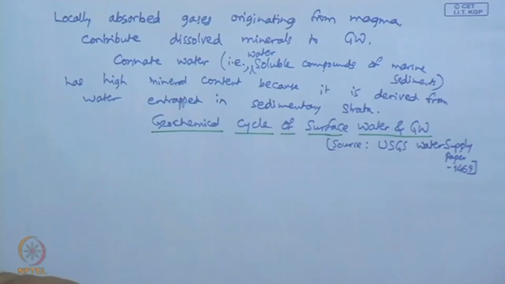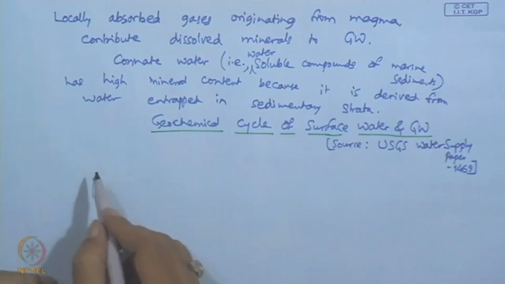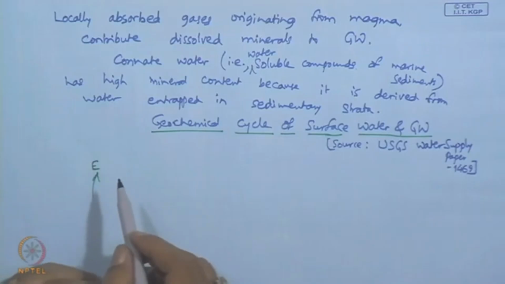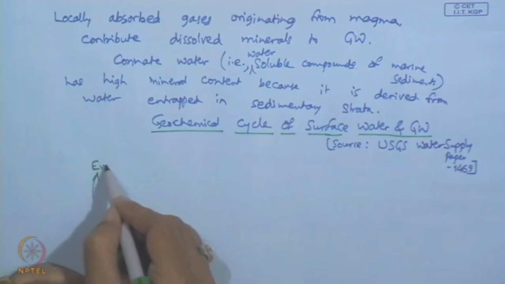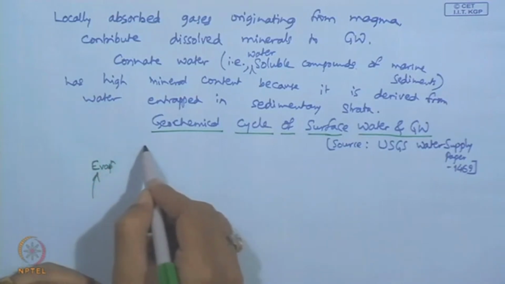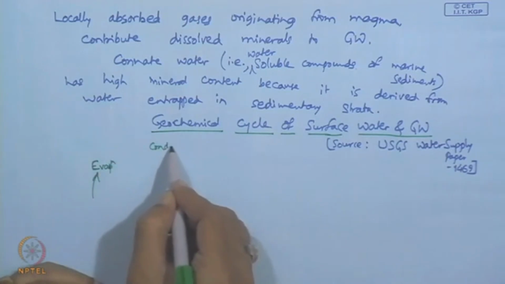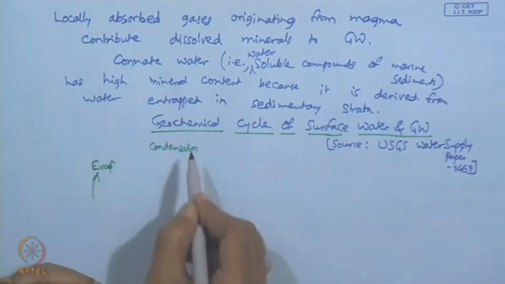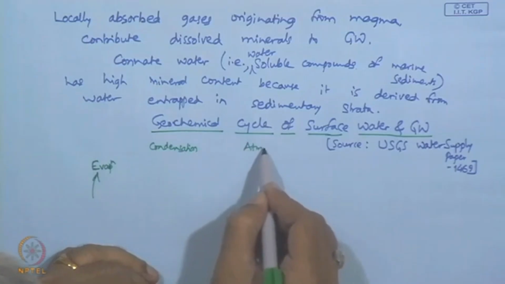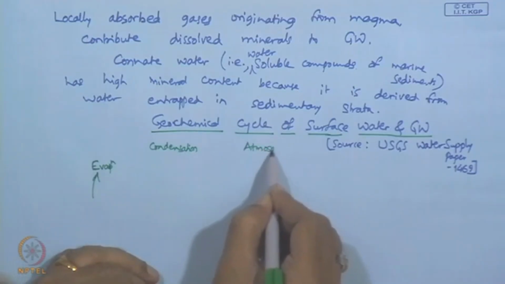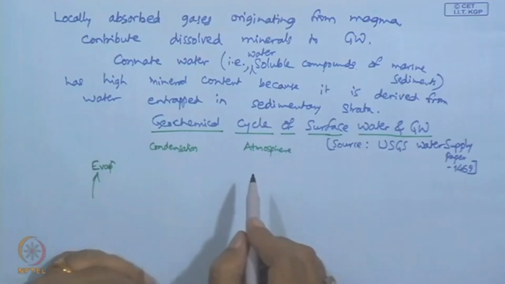Here, there is evaporation, and here there is condensation, and of course here there is the atmosphere.